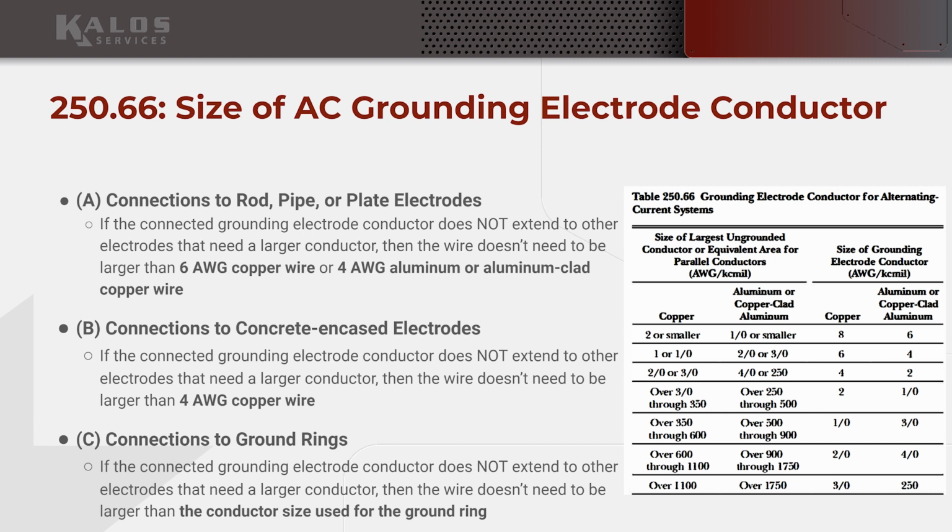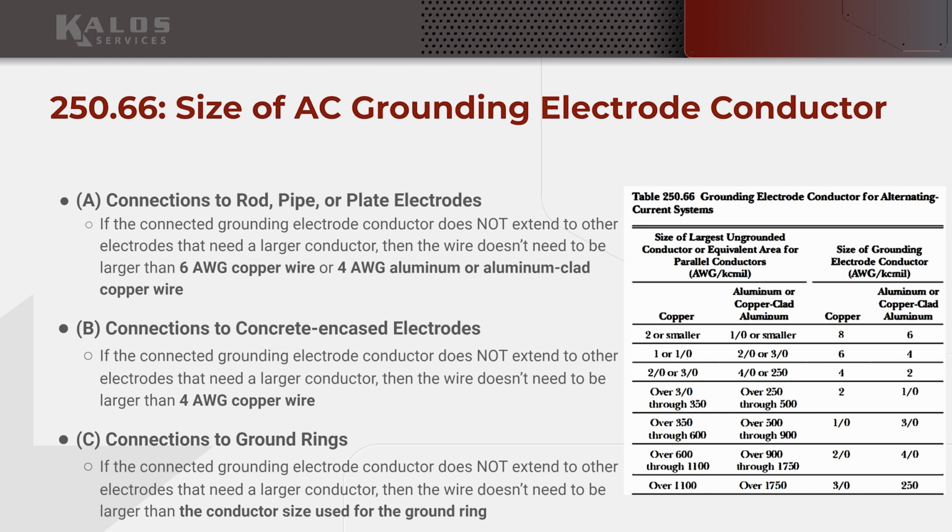That would push us into this category here of over 500 through 900. This would be the sum value of our parallel conductors. Then we would have our copper grounding electrode conductor at 1/0, or aluminum would be 3/0. We will see engineers put 3/0 grounding electrode conductors on every transformer, regardless of the size. If it's on the drawings that way, I guess we kind of have to do it. But this is where you can go to size that.